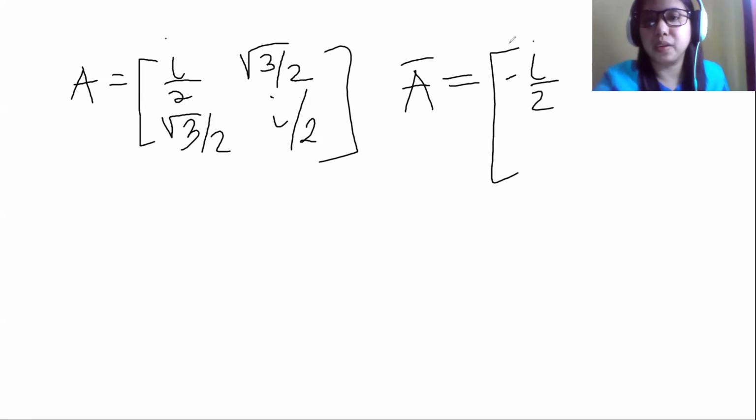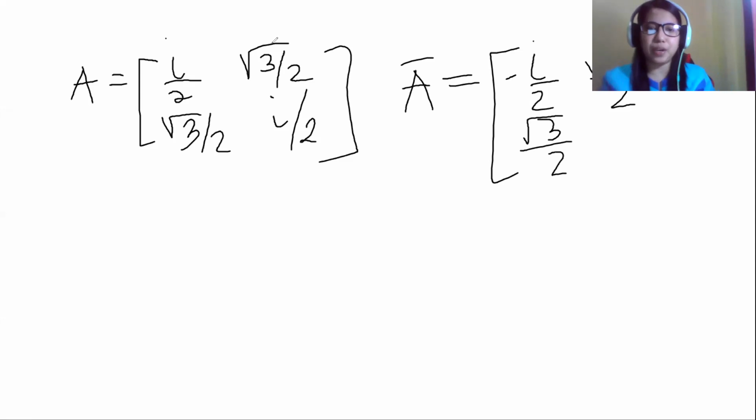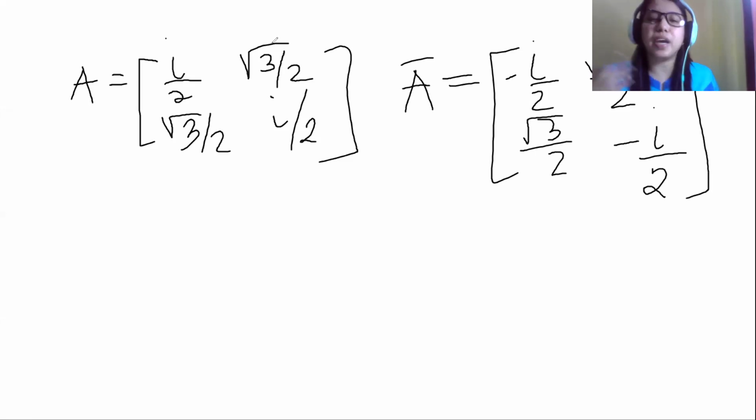So we retain the 3 halves, the square root of 3 over 2, and then we did not do anything with our square root of 3 over 2. But the conjugate, of course, of i/2 is negative i over 2.